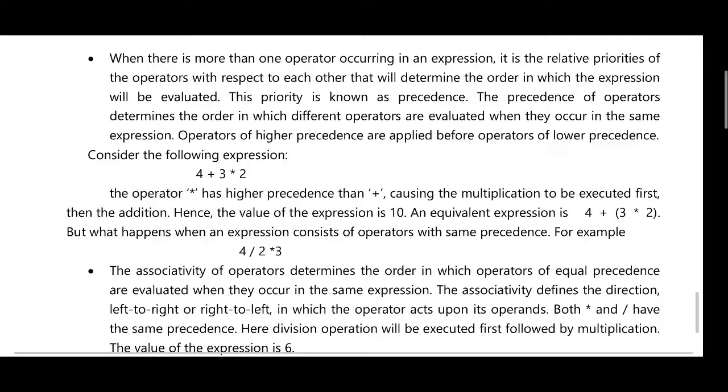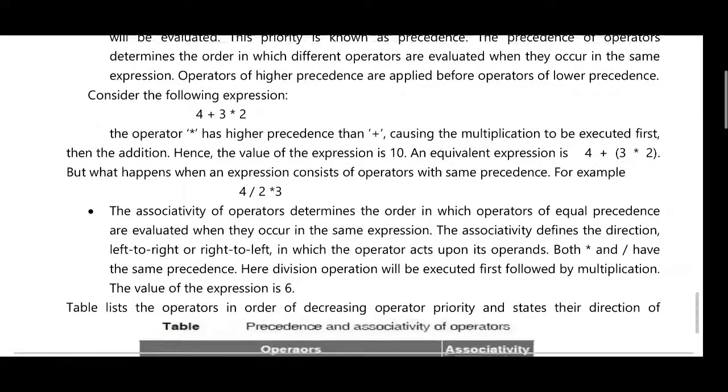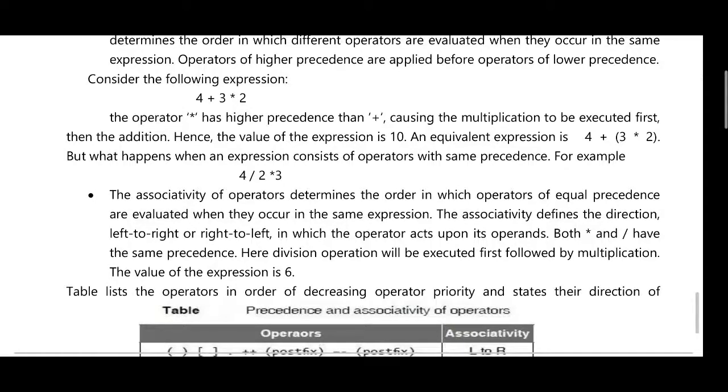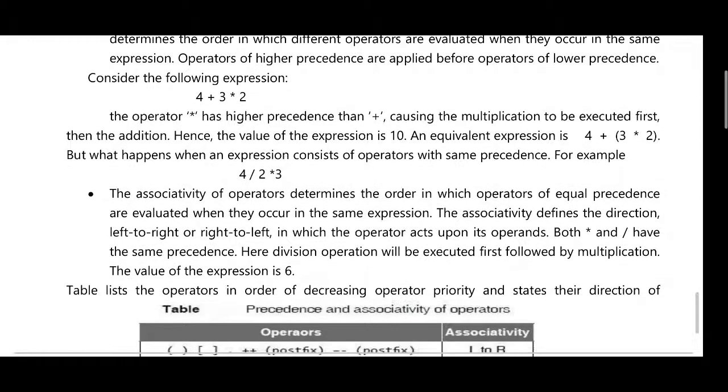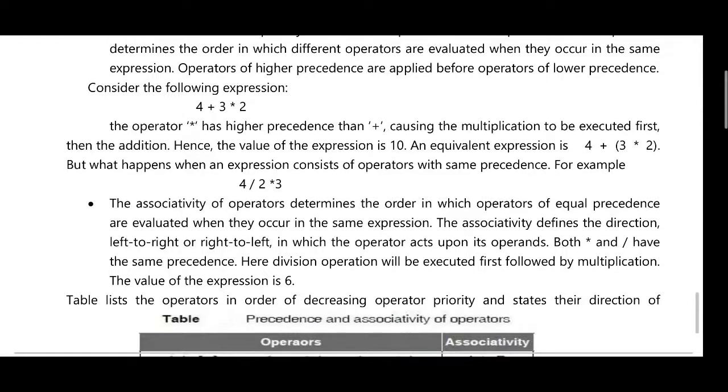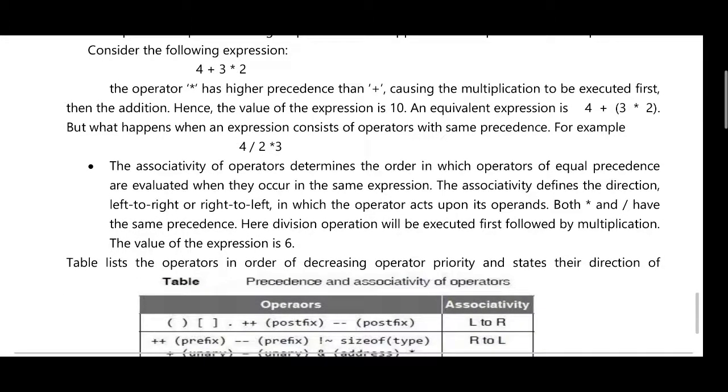An equivalent expression is 4 + (3 * 2). But what happens when the expression consists of operators with the same precedence? For example, here the multiplication is the first priority, then the addition. The total is 10.